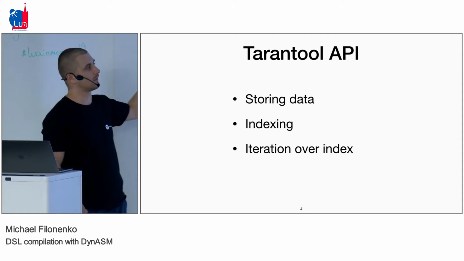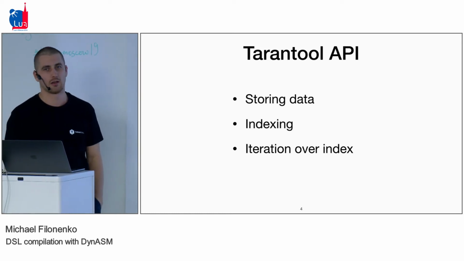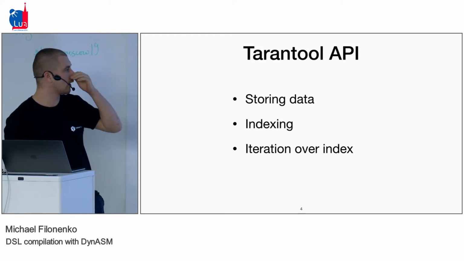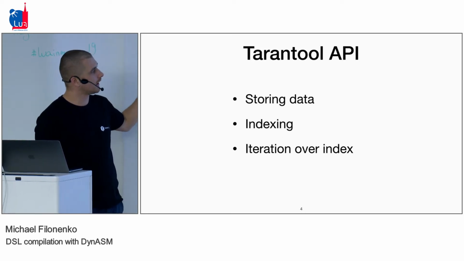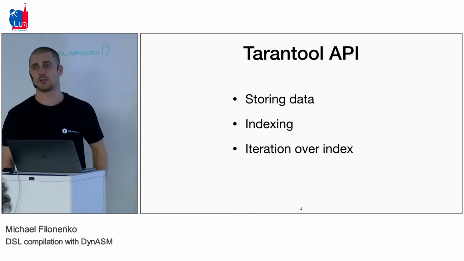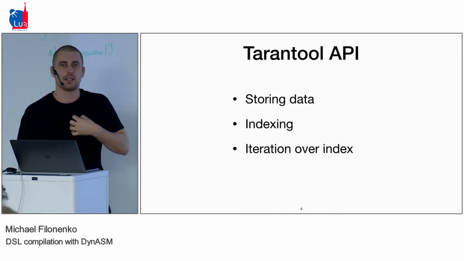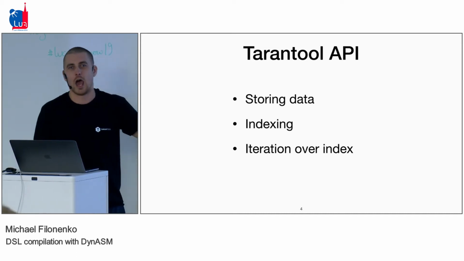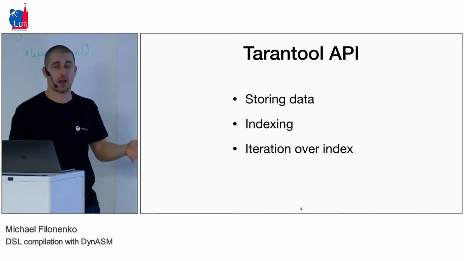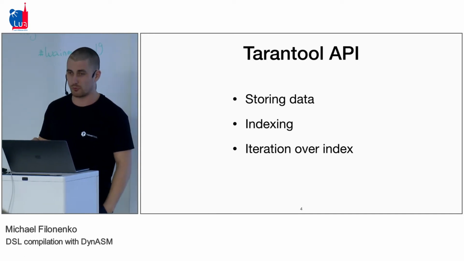I can't do it faster than it is already done now. Also, I can't make indexing faster because it's already a built-in feature of the database. And if I have an idea to make indexing faster, I have to dive into Tarantul internals and write a patch. And you know, it's sometimes not so easy.